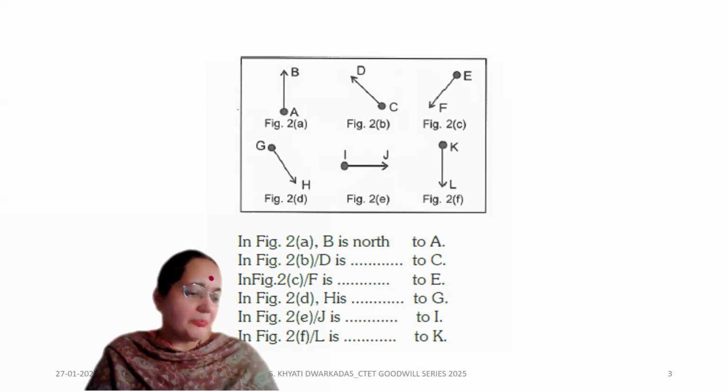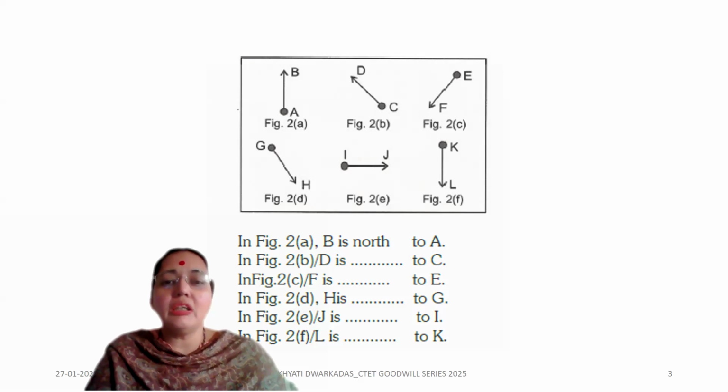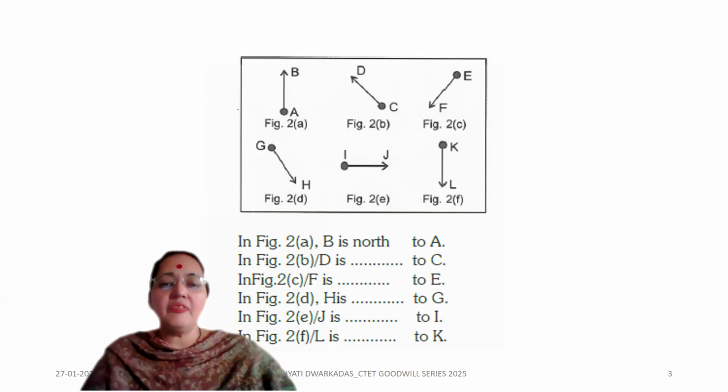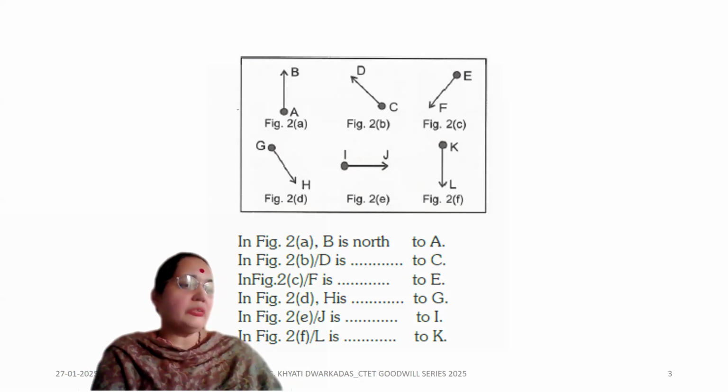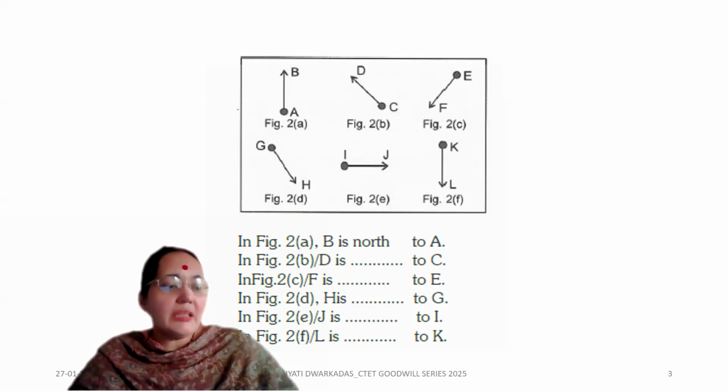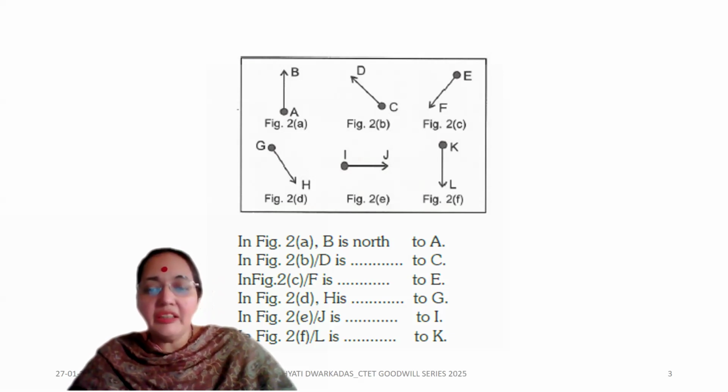Sorry for that. So B was to the north in this particular figure, the first figure. Therefore, in the remaining figures, I'm keeping the chat box open. Now you can tell me as I ask the question. In figure 2B, alphabet D is dash to C. Quickly mention it in the chat.